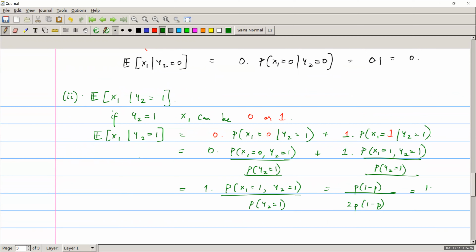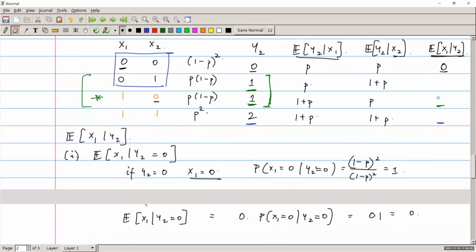So this is 1/2. Here this random variable will assign to these two outcomes 1/2. What is the expectation of x1 given y2 equals 1?